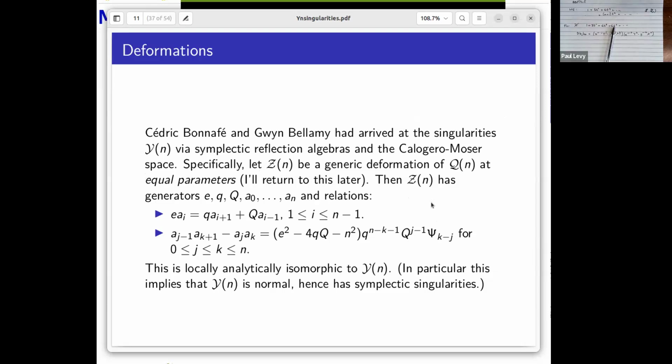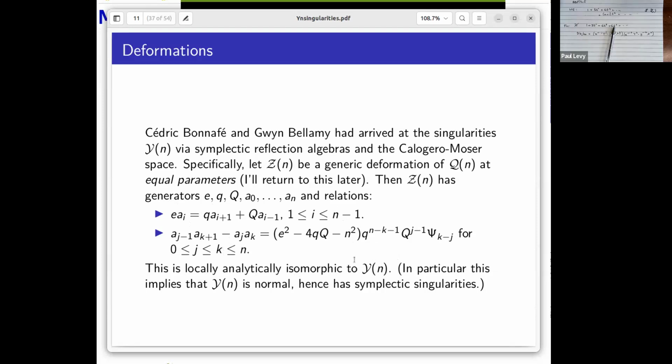But then if you look at a generic value of the deformation parameter, you get a singularity which looks quite similar to the original quotient singularity, but we've got this factor here. And then it turns out that in fact this has an isolated singularity which is smoothly equivalent to Y of n.